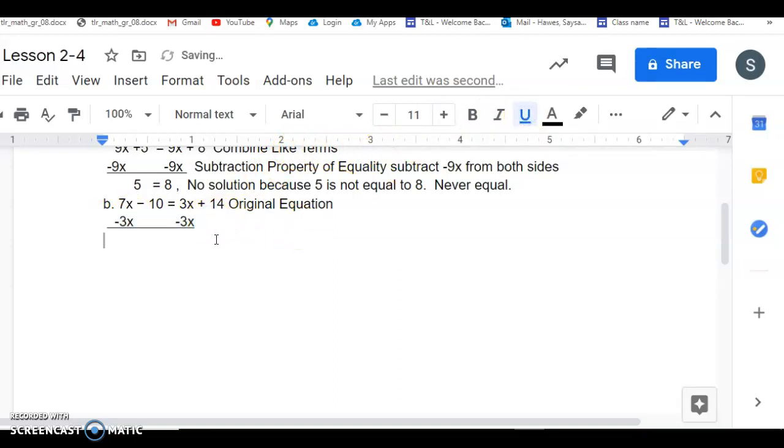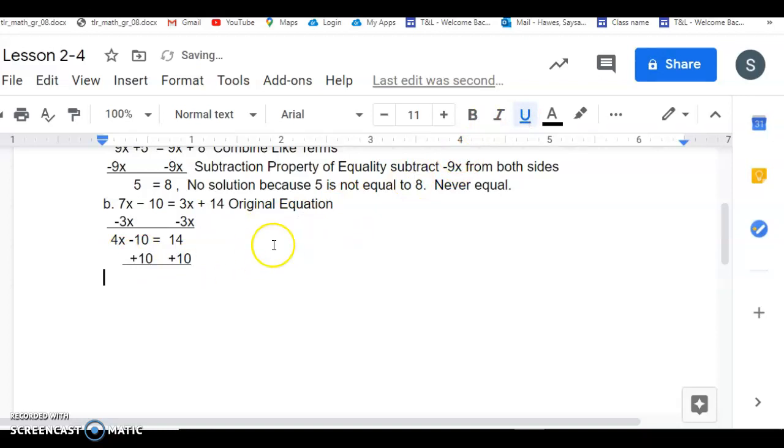Now, next, I am going to combine like terms. 7x minus 3x, so I have 4x minus 10 equals 14, because 3x minus 3x is gone. Okay, so next I will use the opposite of 10. I'm going to add 10 on the left, and I will do the same thing, add 10 on the right to eliminate the 10. Okay, now combine like terms.